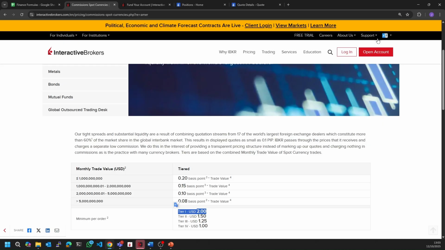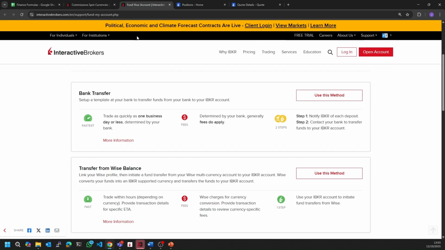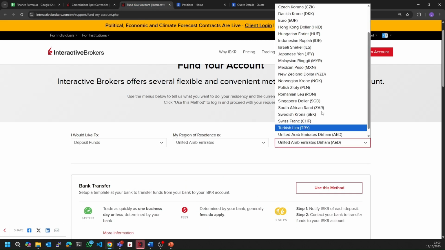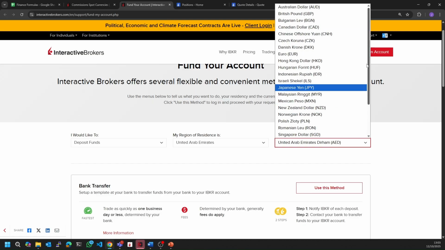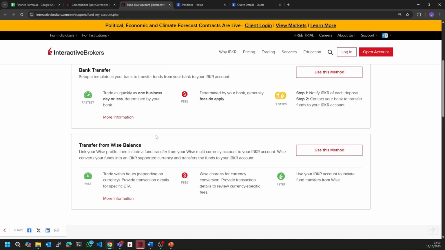You can fund your Interactive Brokers account, for example, here in support, in different foreign currencies. The list is impressive. You need to select your region and the currency, and Interactive Brokers will give you the options for how you can fund your account.